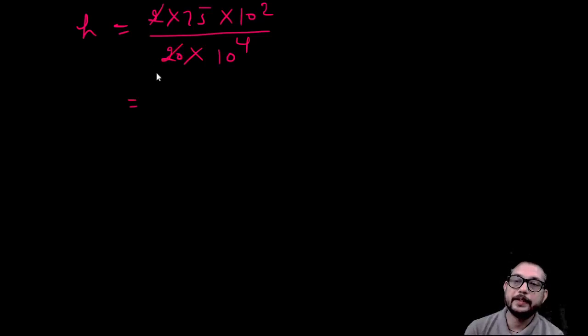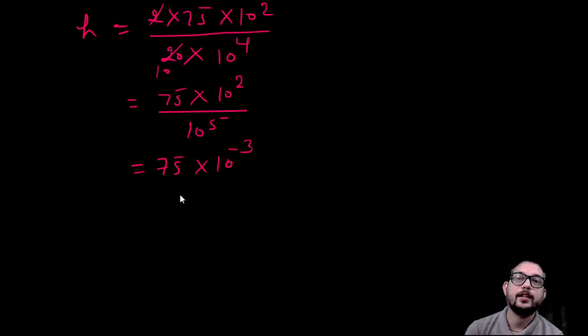So 2 will be cancelled, that will be 10, so 75 into 10 to the power 2, divided by 10 to the power 5. Okay, so it can be written as 75 into 10 to the power minus 3, or it can be written as 7.5 into 10 to the power minus 2 meter, or 7.5 centimeter. So this is your final answer.